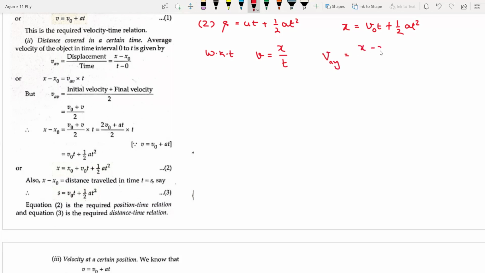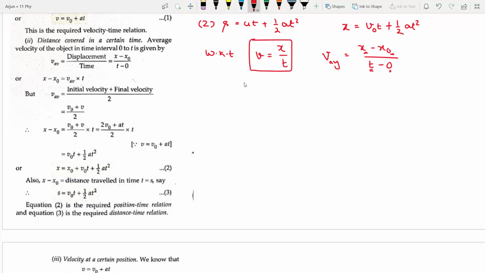So x minus x naught, or we can make it s minus s naught, by t minus 0. Initial time is 0, final time is t. Initial displacement is x naught, final displacement is x. So v is equal to x minus x naught by t minus 0. Still, if you don't want to get confused, just simply take v is equal to x by t.